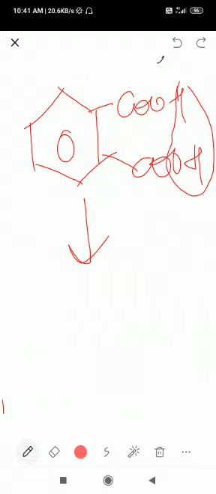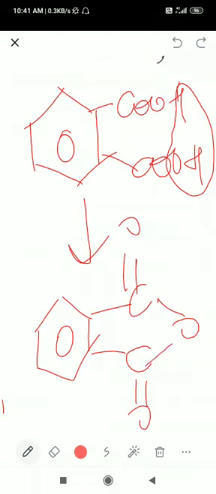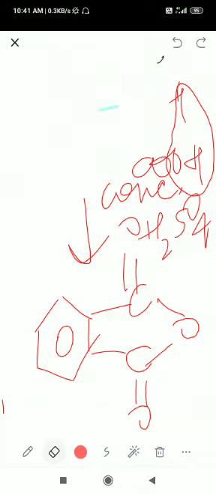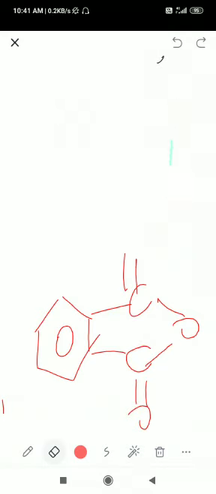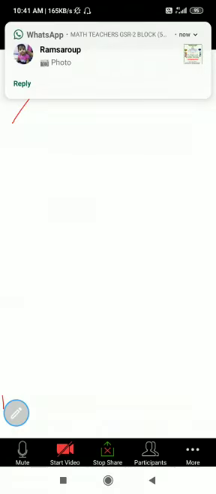So what we will get is this, but this is the phthalic anhydride, because we have removed the water by adding concentrated H2SO4. Now we will just add ammonia to it.